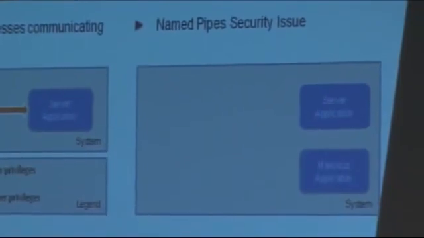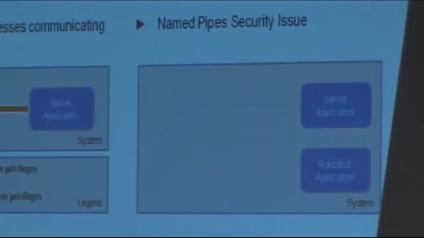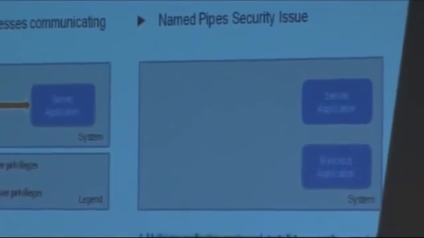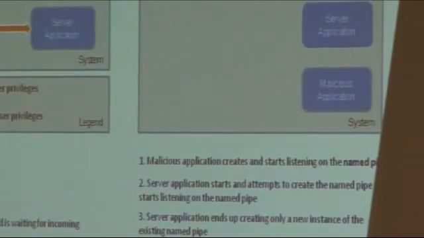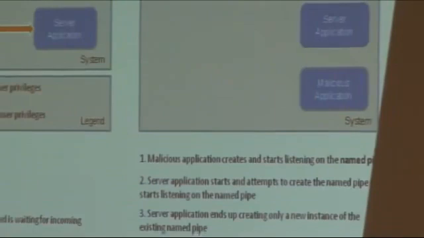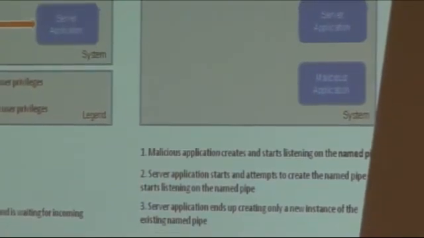Now again, you would expect the OS to say, all right, there is already a named pipe with this name, so return an error. But that does not happen, right? Instead of returning an error, the OS will just return a handle to the existing named pipe, right? So the real server thinks that maybe it created the named pipe, but that isn't the case.